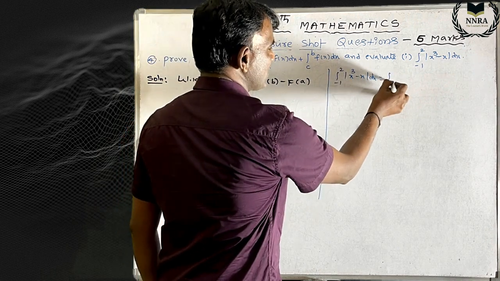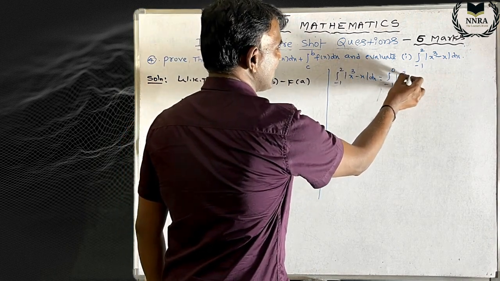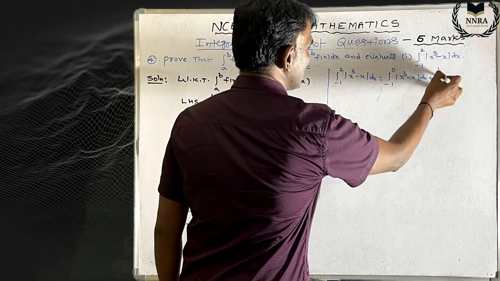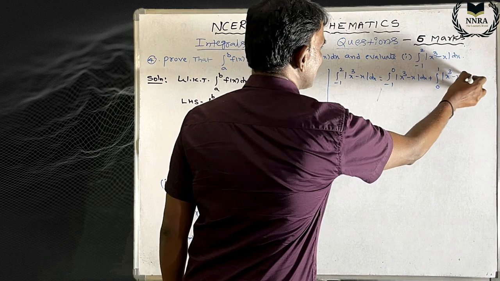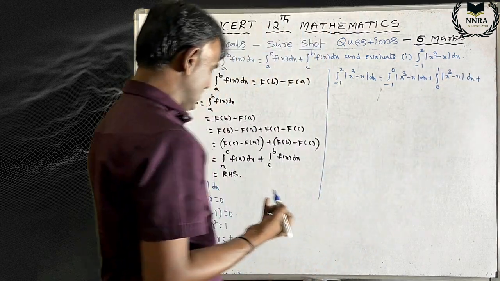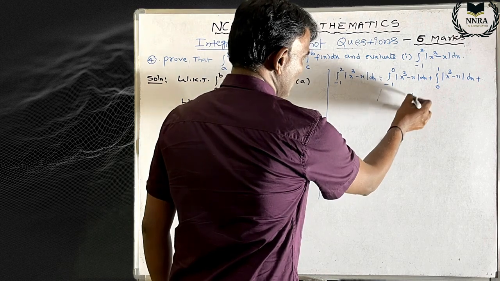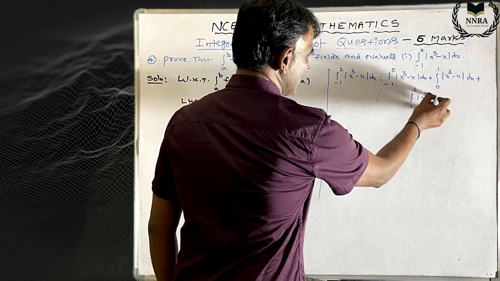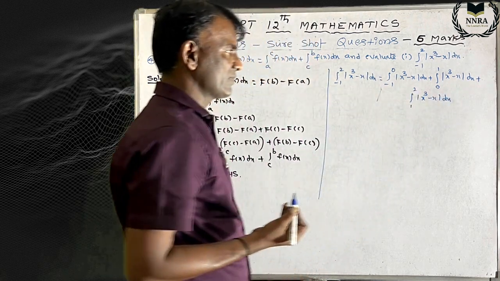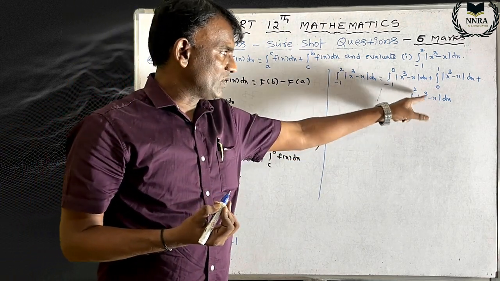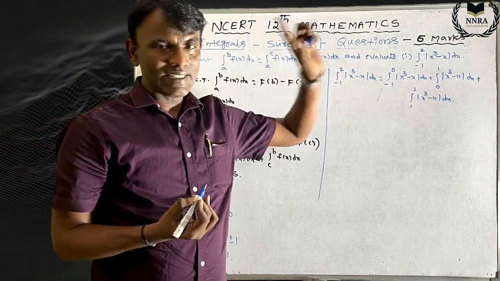So here the first one is minus 1 to 0 of mod of x cube minus x dx. The second one is 0 to 1, again mod of x cube minus x dx, plus the third value. What is the third value? So 1 to 2, right? So I am writing here 1 to 2 of mod of x cube minus x dx. But from minus 1 to 0 it is positive, from 1 to 2 it is positive, but from 0 to 1 it is negative.